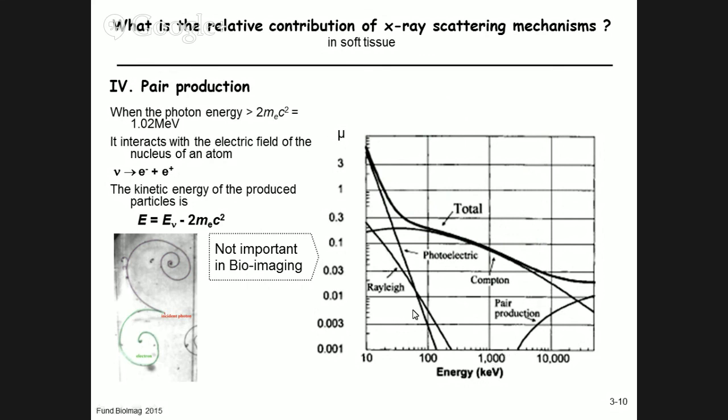We have Rayleigh scattering, which drops off very fast. We have the photoelectric effect, which also drops off very fast. Then this effect here is the Compton effect. It varies less with the energy of the photon. And only above a mega electron volt, we start to see pair production becoming increasingly likely.